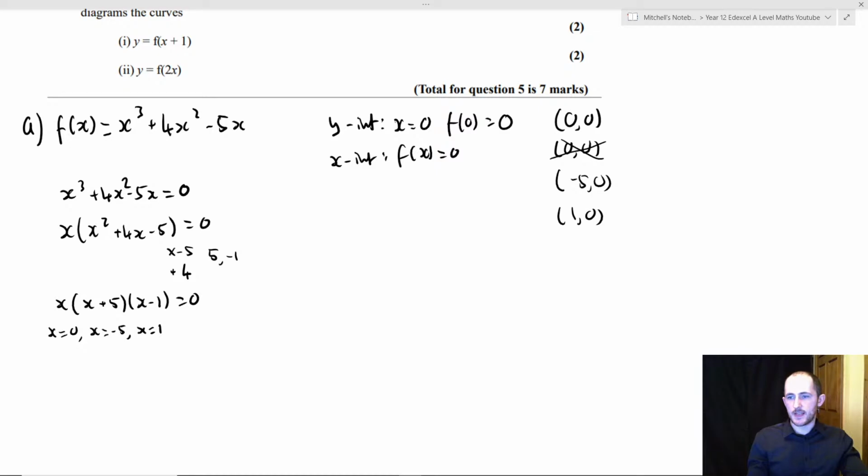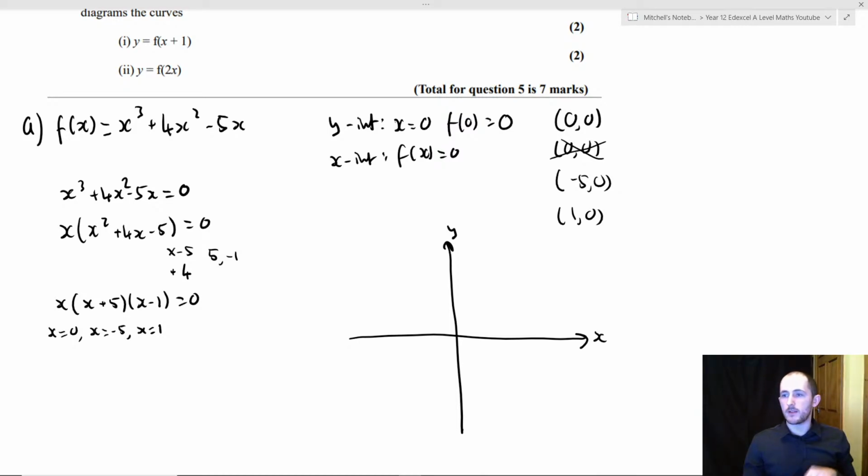So if we're sketching this now, we have x. Now sketching cubics and also quartics and things like that can be a bit tricky, okay? But it's not too bad at the moment. So what we're going to do here is put the minus 5 here, the 0 is here, and the 1 is over here.